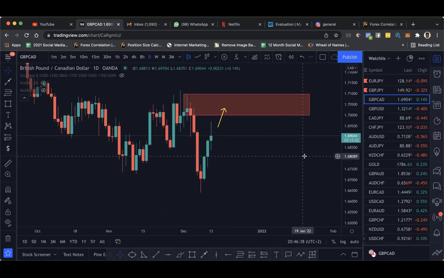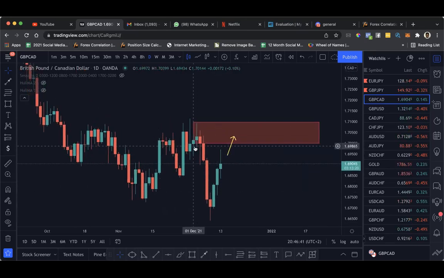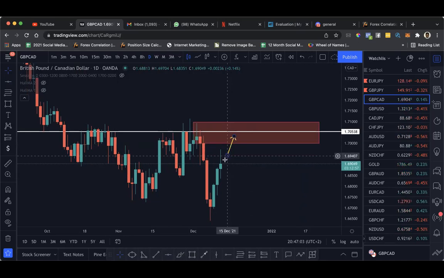Usually when I see that there's a confluence of supply, you can see there's a rally base drop, there's a rally base drop, I like to wait for price to get to the 50%. That's the middle of this zone here. I'd like price to actually come up to this middle before I start looking for entries on lower time frame.